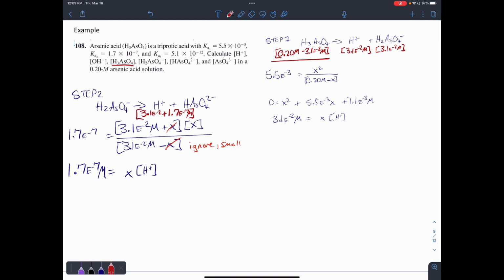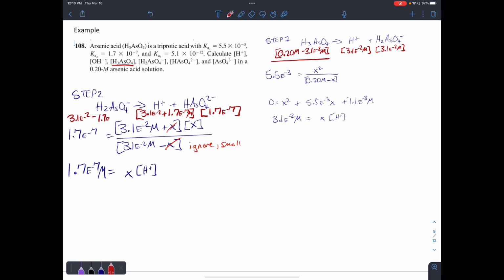So when you add those 2 numbers together, that'll be the new hydrogen ion concentration. And then for this last substance, that is the concentration there. And for the first substance, remember, we were subtracting. So it's going to be 3.1 minus.